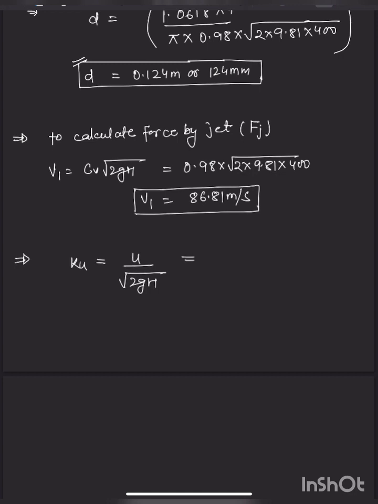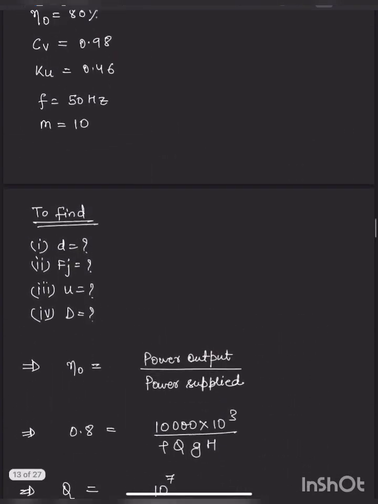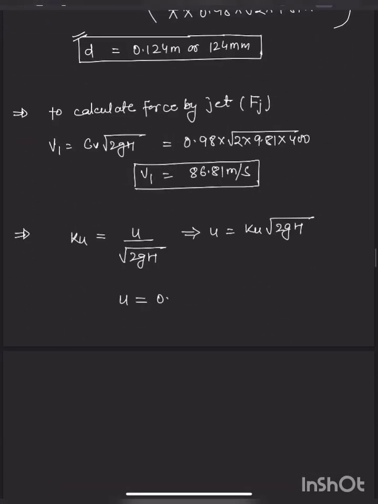Since the speed ratio is given, we will use that to find the blade velocity. So here we write Ku is equal to u divided by the spouting velocity, that is root 2gH. All other things are known, so we can find out u. U is equal to Ku root 2gH.